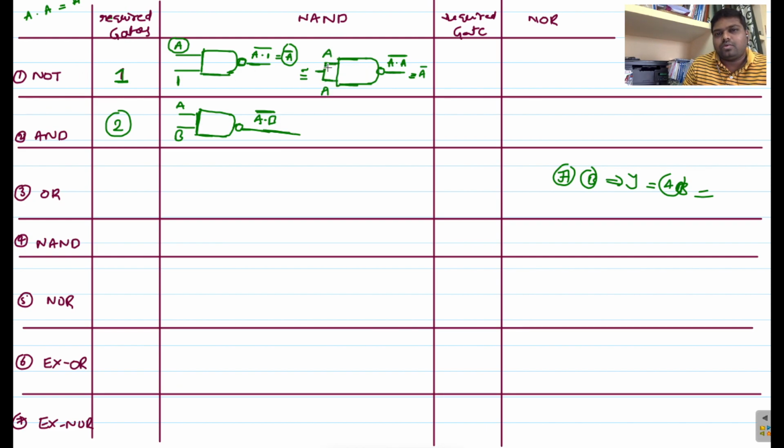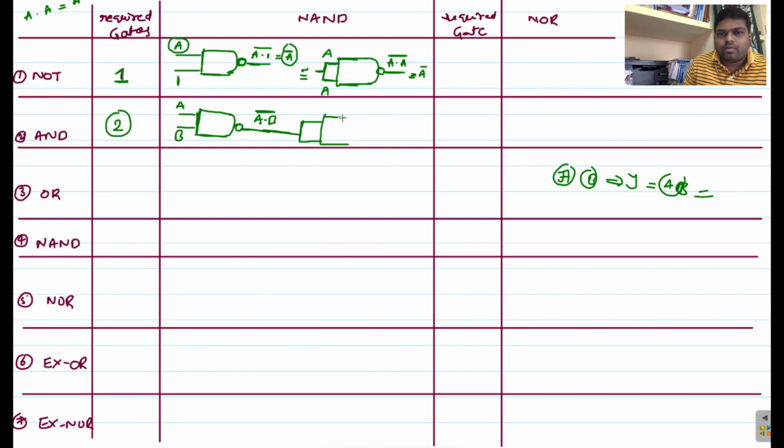So I am providing the same input to this particular NAND gate. Finally what I get here is A bar, if I am providing A here. In the same way you can directly provide the input AB bar to one particular NAND gate.